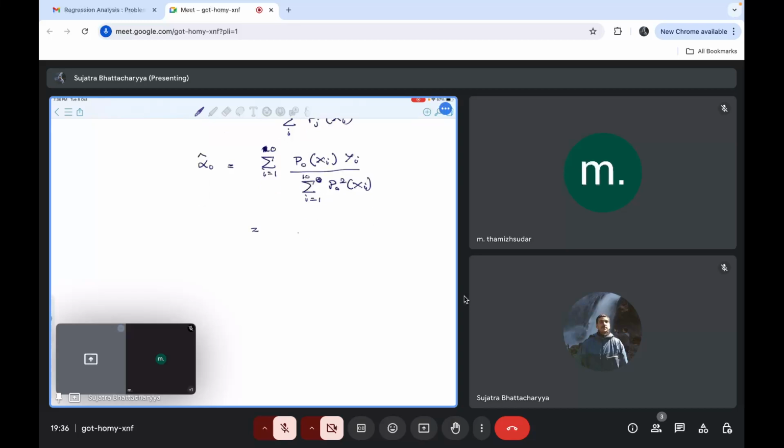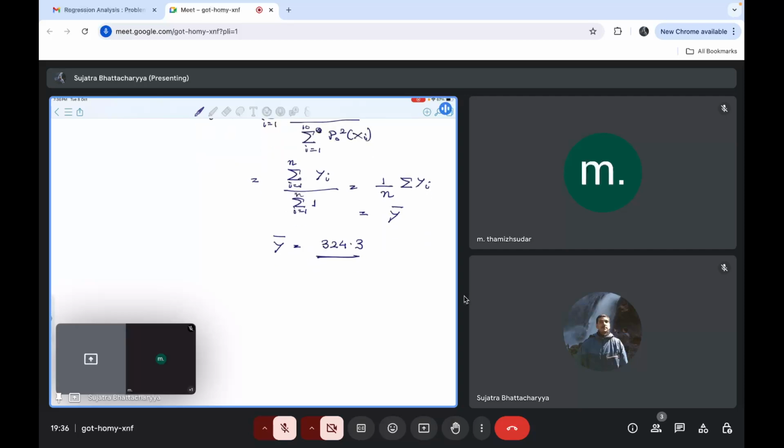So it will be the summation of yi divided by the summation of 1, I is equal to 1 to n. So it will be nothing but y bar, correct? So y bar is 324.3. Therefore, alpha naught hat is nothing but 324.3.